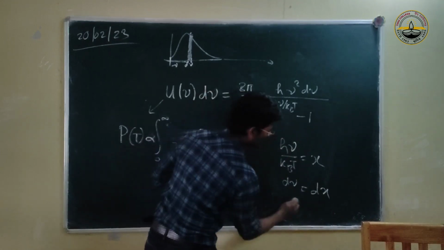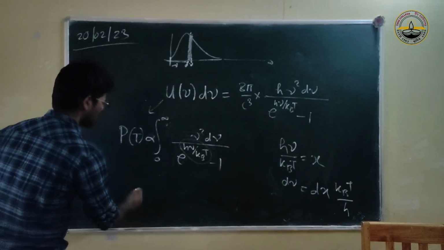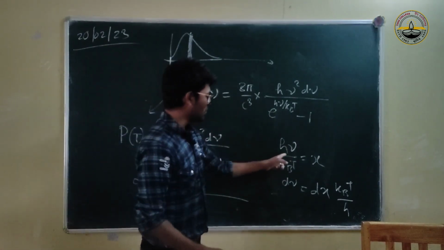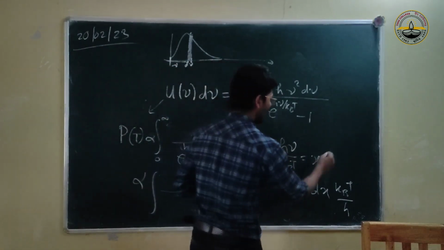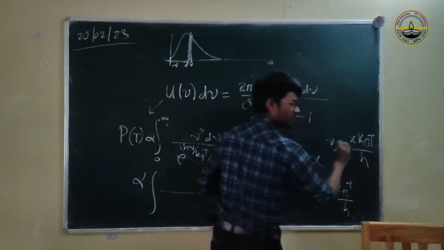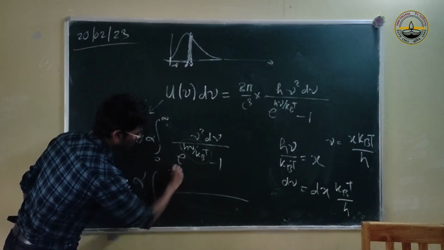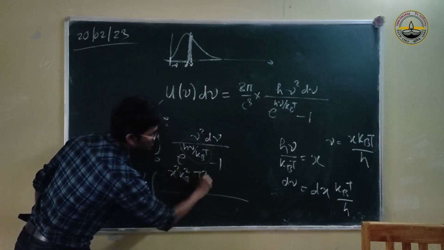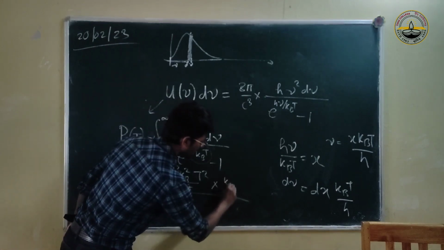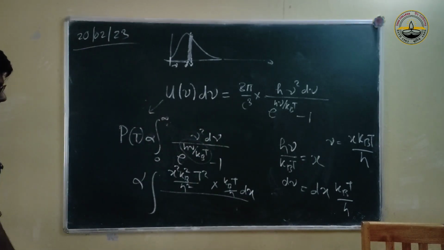So nu is x kBT by h, right? So nu square is x square kB square T square by h square, and d nu is kBT by h dx, right?